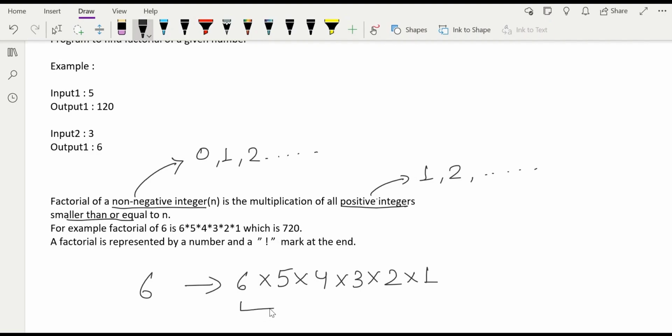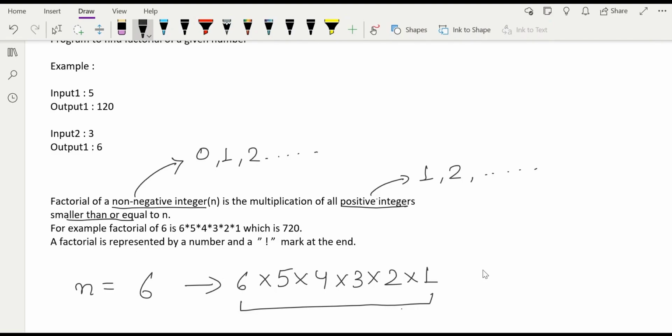Why? Because first of all, all these are positive integers. We are not considering 0 here because the definition says multiplication of all positive integers which are smaller than n. So as you can see, 5, 4, 3, 2, 1 are smaller than 6, and the definition says or equal to n. Here we have taken the n value 6, so we multiply 6 with the smaller values.